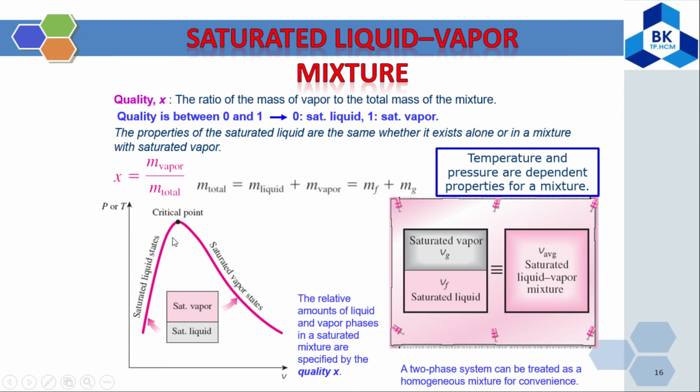Between the left line and the right line, we have a mixture of saturated liquid and saturated vapor. X of that state is calculated by m vapor divided by m total, with m total equal to m liquid plus m vapor, equal to mf plus mg. So temperature and pressure are dependent properties for the mixture.